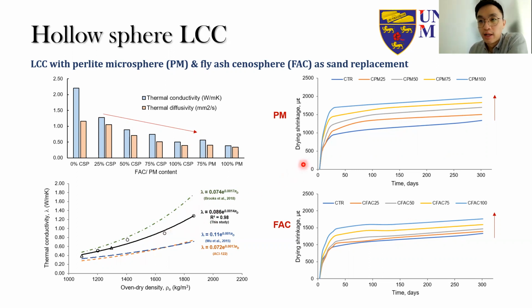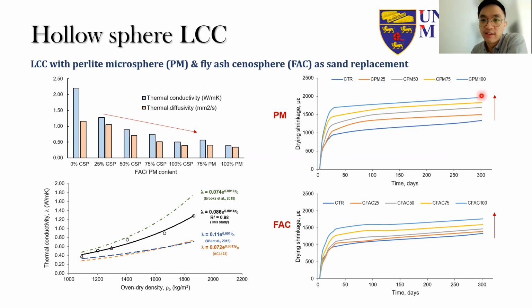Okay, but of course, one of the issues with lightweight materials is always the shrinkage of the materials, because usually the aggregate portion is the one providing restraint against shrinkage. Therefore, when we're using this kind of hollow sphere, the shrinkage is usually higher, especially when you're replacing higher amounts of sand.